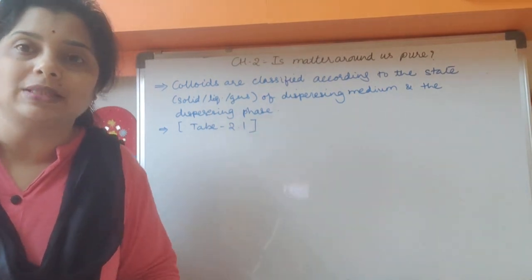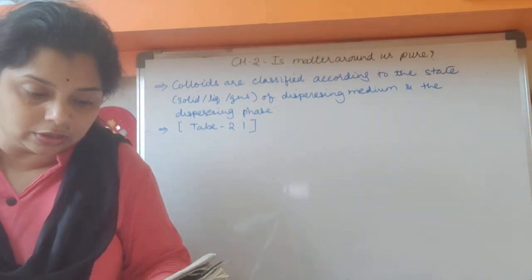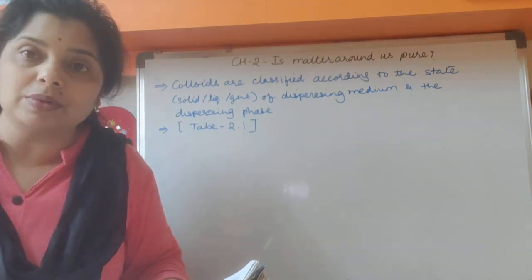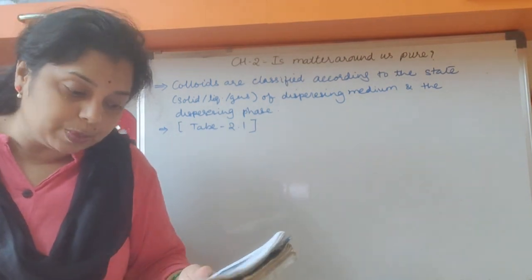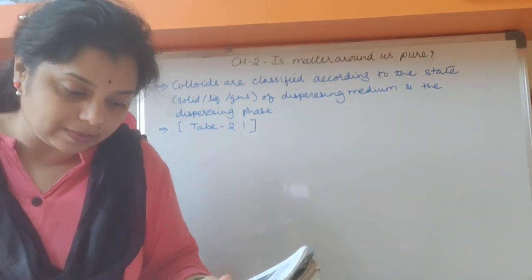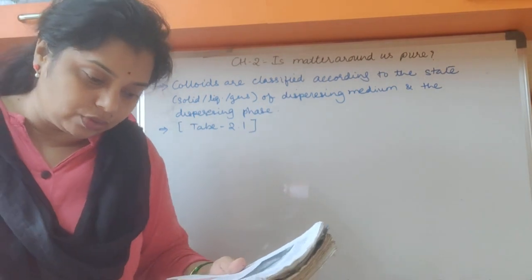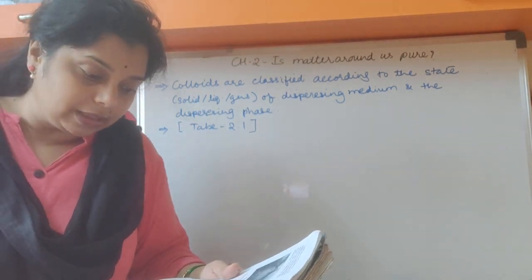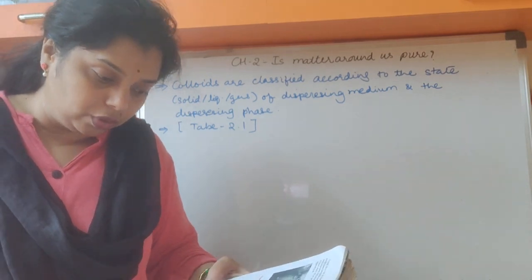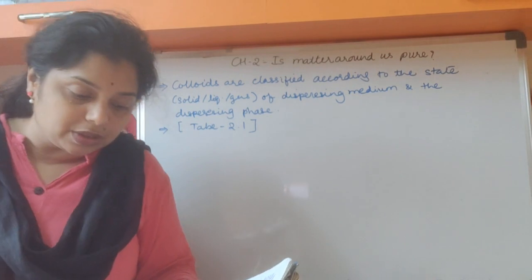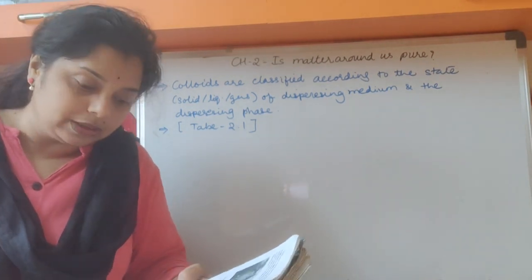Let's see a few examples which are given in table number 2.1, the common examples of colloids. So the dispersed phase is liquid and the dispersing medium is gas. The type is called aerosol. An example is fog, cloud and mist. Second, a solid is the solute or dispersed phase, distributed in a dispersing medium which is a gas.